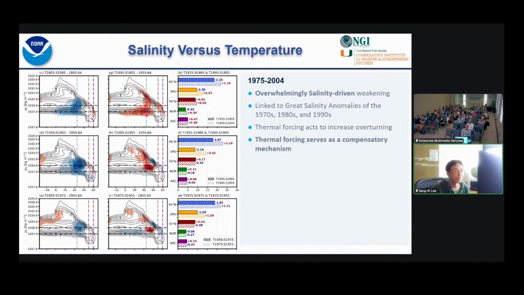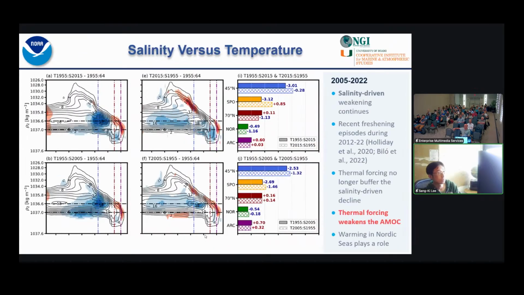This is consistent with the idea that the thermal forcing provides a negative feedback to the salinity-driven weakening, those things associated with the warming hole. Okay, let's move on to the more recent period. During the recent period, the salinity still drives the weakening of the AMOC, not the temperature.